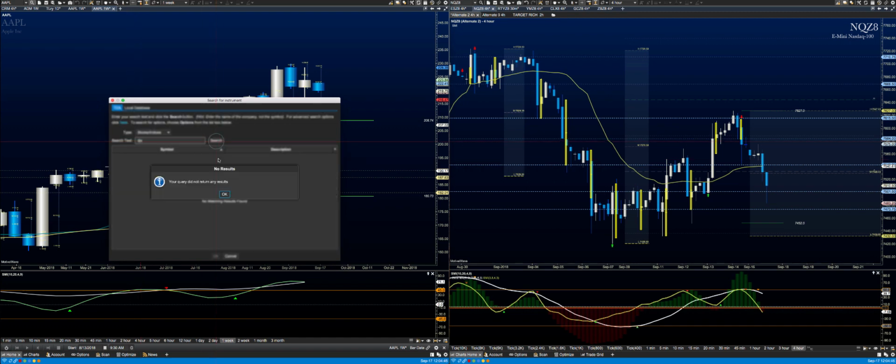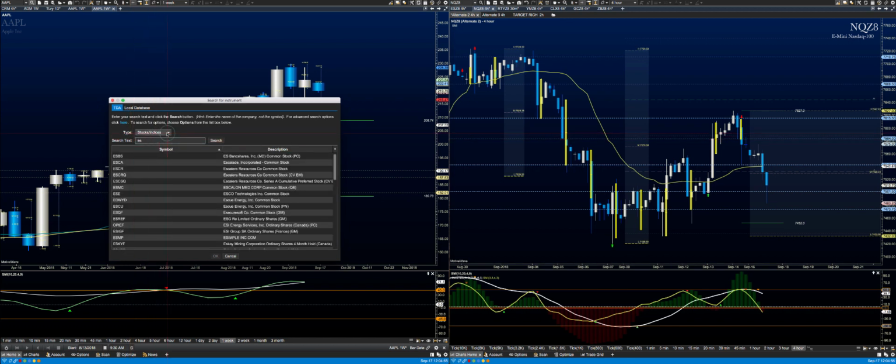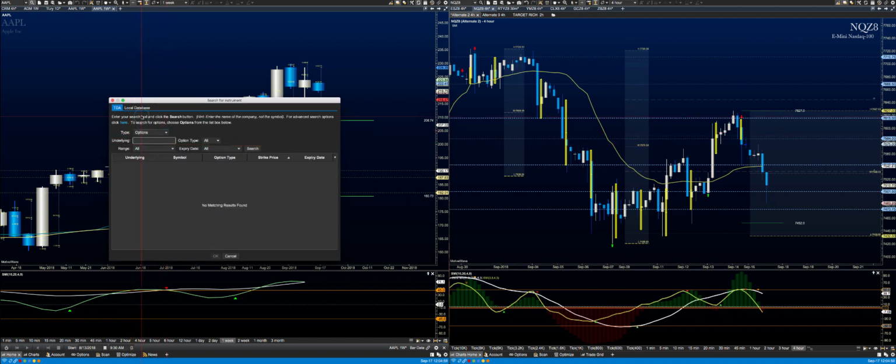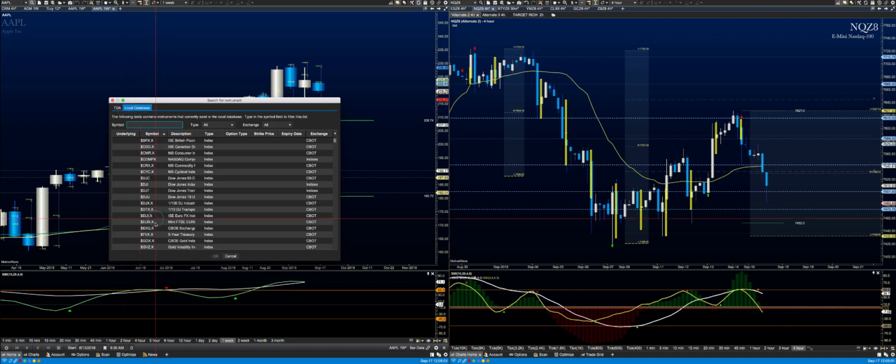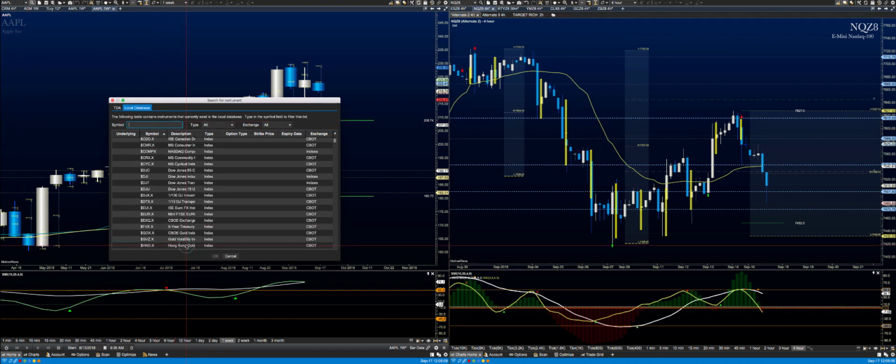Let's see if that'll give us one. Interesting. Not giving me any of my indices today. That's a very interesting event here. So let's go down here and figure this out. Oh, it's because I don't have a symbol on the edge there. That's my problem.